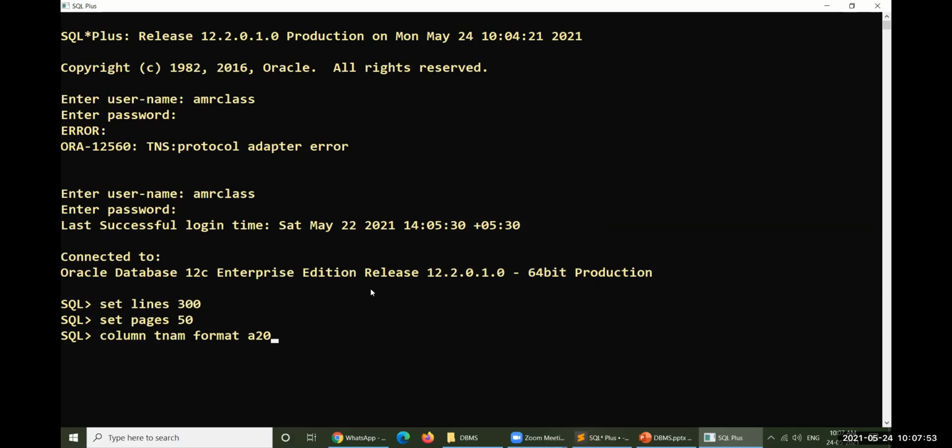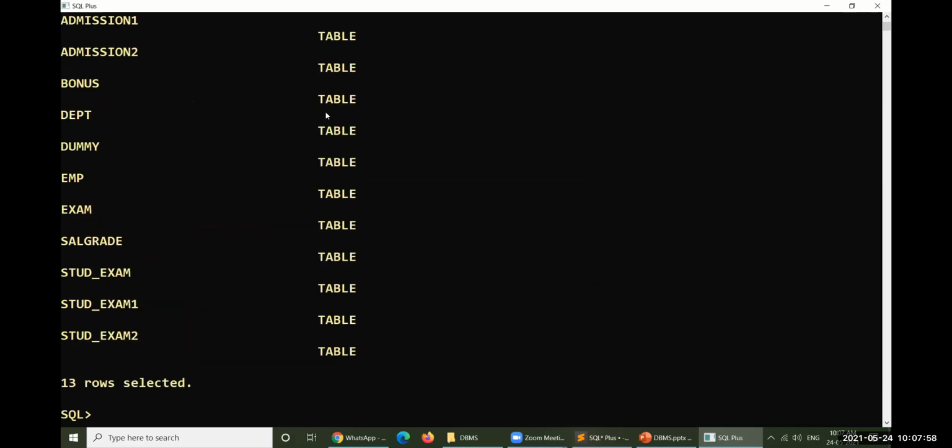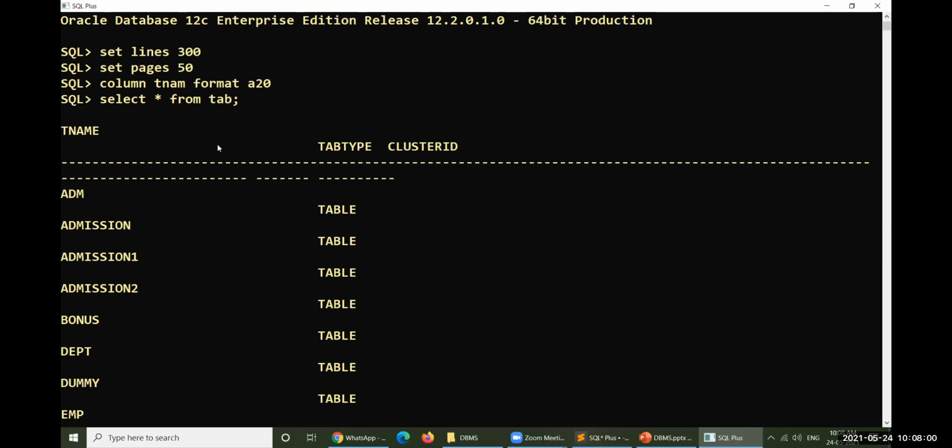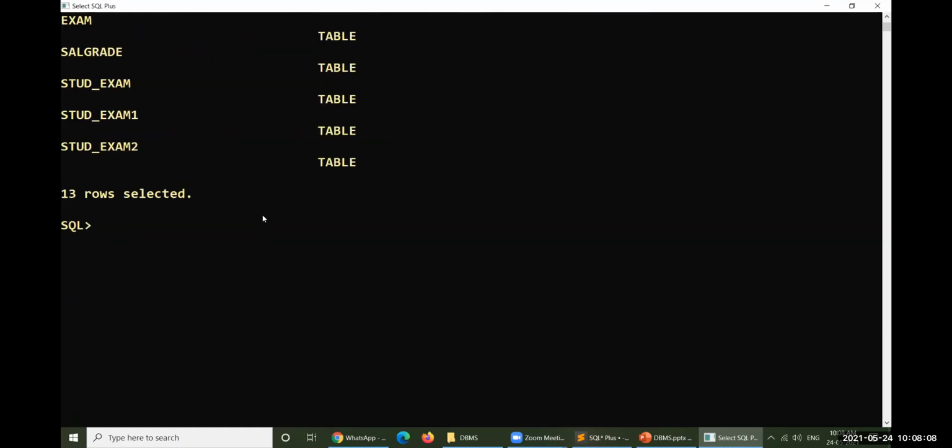So select everything from TAB, TNAME. It is not properly set up. I have given some wrong name here, so that is where the problem is raised. The E has been missed. Now you can execute the same. Yes, it is displayed in a proper way.